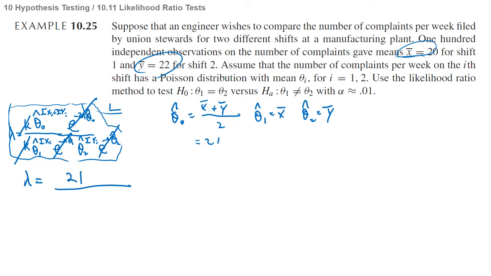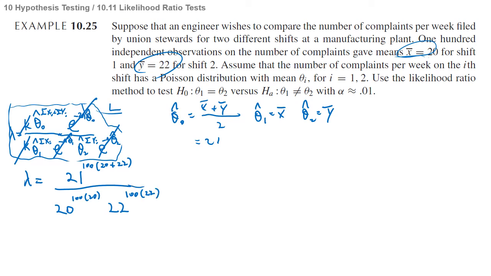21 to the 100 times 20 plus 22, over 20 to the 100 times 20, and 22 to the 100 times 22.